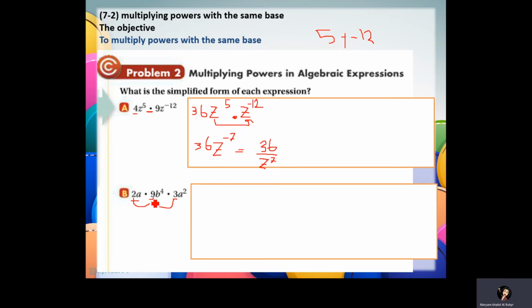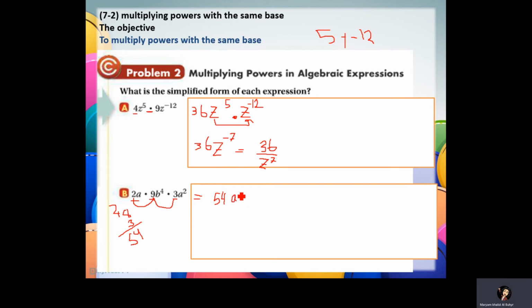So 2 times 9, it's 18, 18 times 3, that will be 54. So finally, I will write here that equals 54, then I will take the rest of the things that I have. Now it will be A.